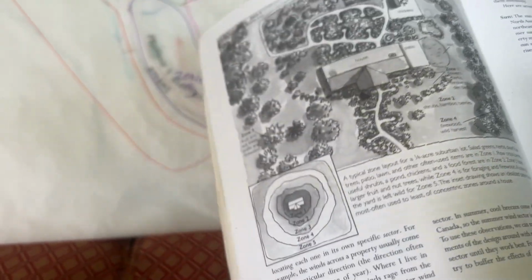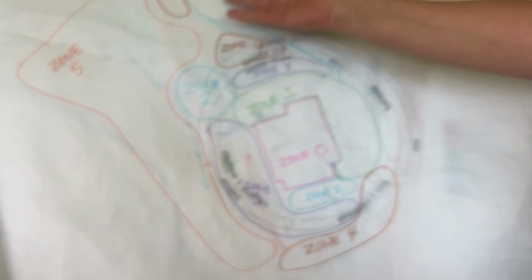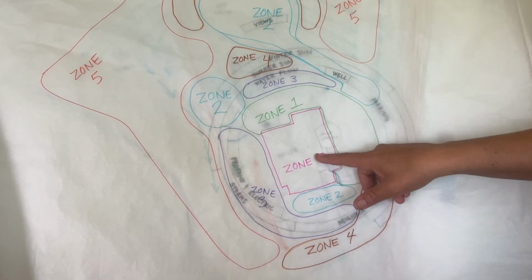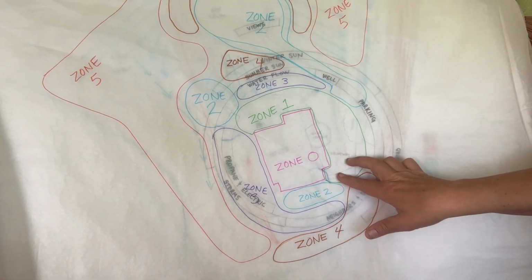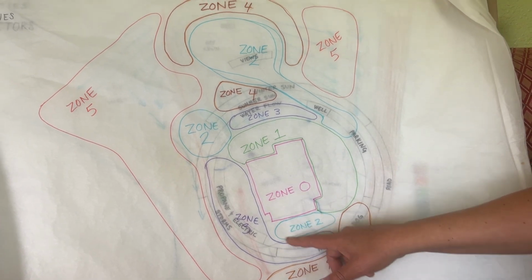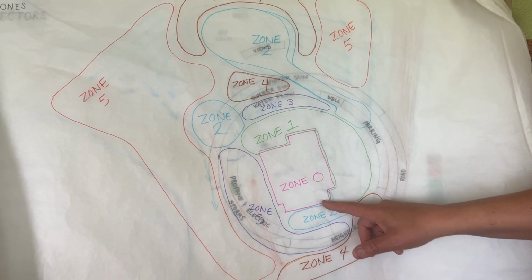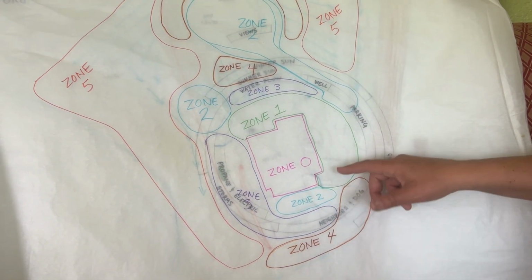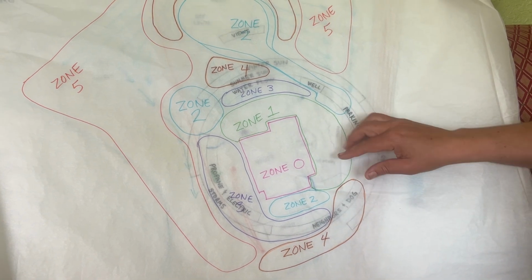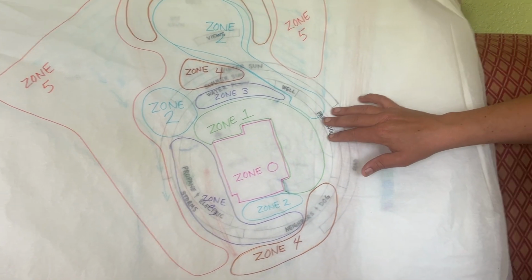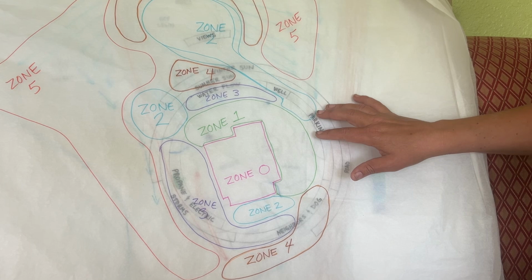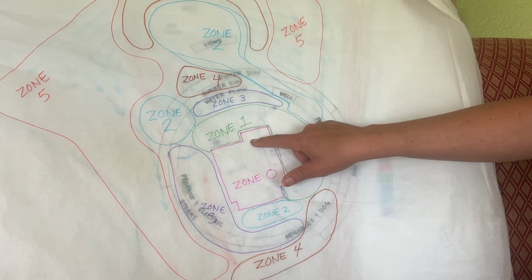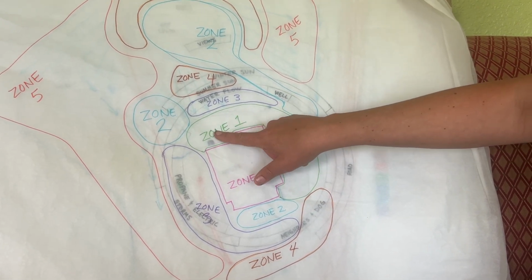Oftentimes it looks a little bit more like this map. So zone 0 and zone 1 around the house. In this particular property, like this is zone 2, even though this is a front door. But people park here, which is nice because we can see that in our sector map shining through. Park here and go in this door. So that's why this became our zone 1.